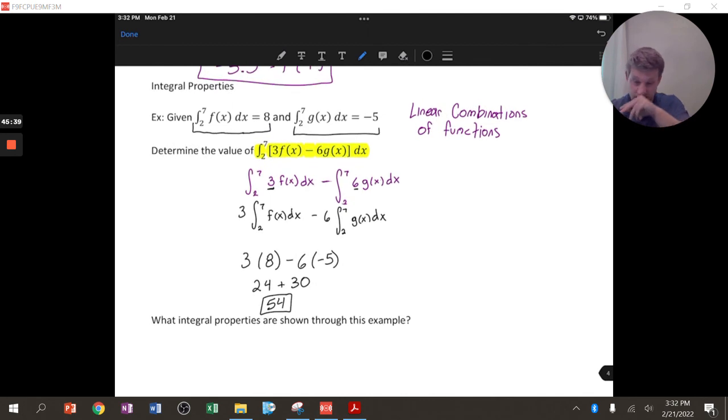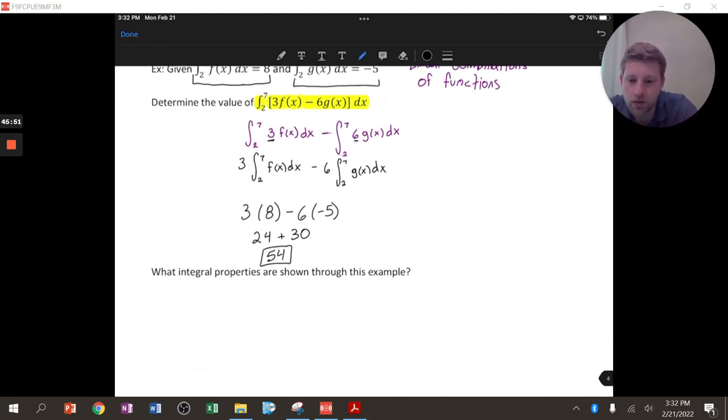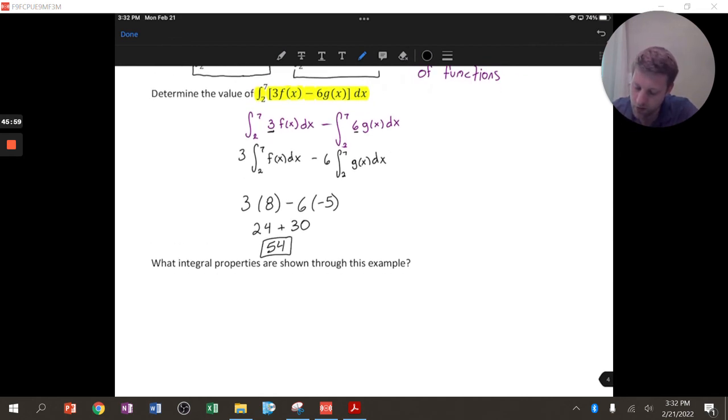So this gives us just a walkthrough of how we'd work with linear combinations inside an integral with some integral properties. So just to highlight a couple important integral properties for us, one would just be the sum and difference rule, where we can consider an integral from, let's say, a to b, just write it in general, of a function f of x plus or minus some g of x function, dx.